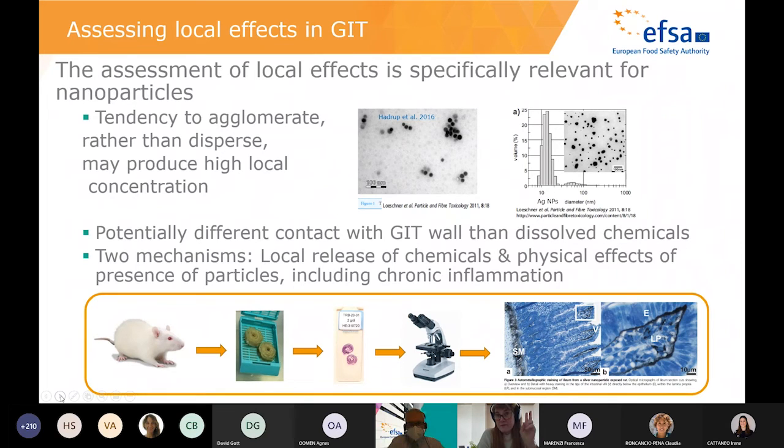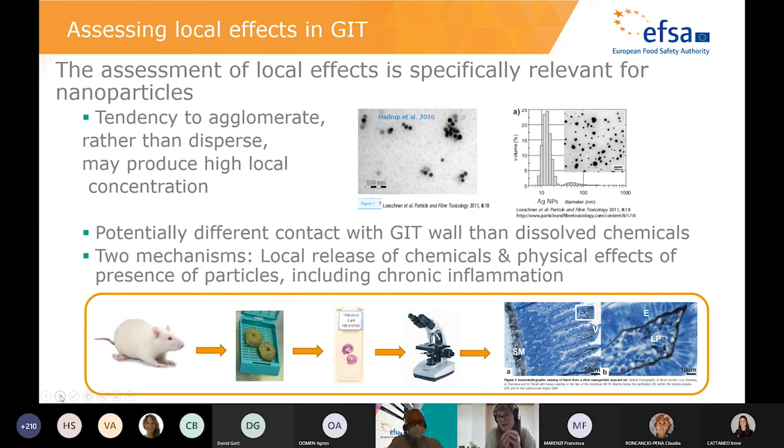So, for materials which consist of small particles, nanoparticles, as you may remember, they have a tendency to agglomerate rather than disperse, and this we expect is happening in the gastrointestinal system. And this agglomeration, you can see some examples of photos, particles coming closer and closer, from published papers from my institute, and I am co-author of these works.